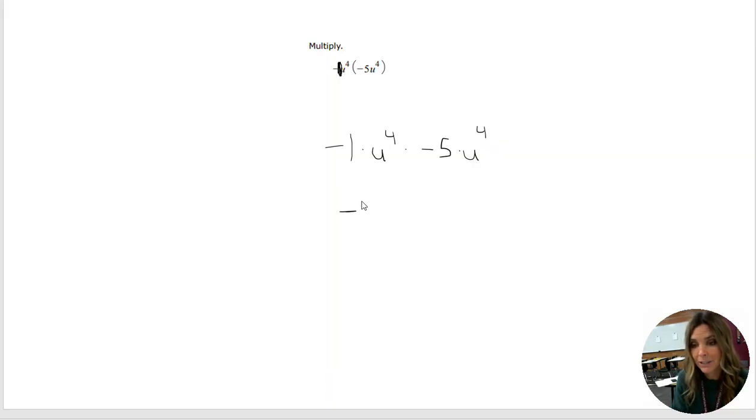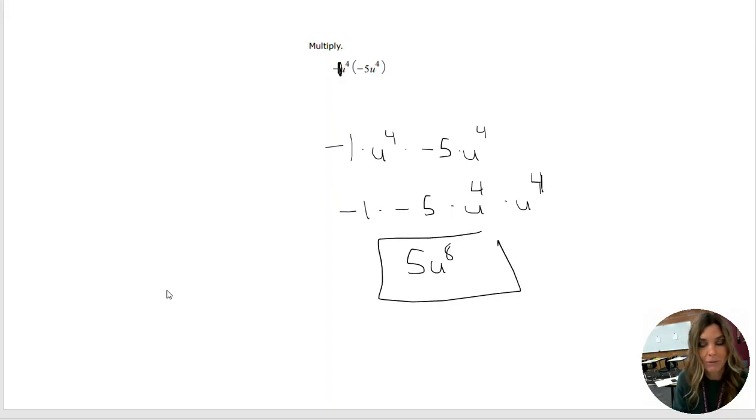So if I rearrange this multiplication so that I've got my like bases together, sorry, those 4s do not look like 4s. Let me redo this part right here. So this is a 4. Let me see if I can draw that a little bit clearer. And this is a 4. Okay, so -1 times -5 is 5. u to the 4th times u to the 4th is u to the 8th. So that would be our final answer.